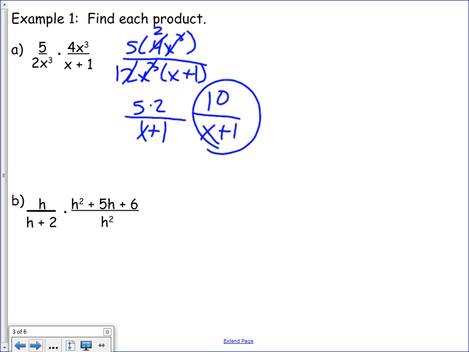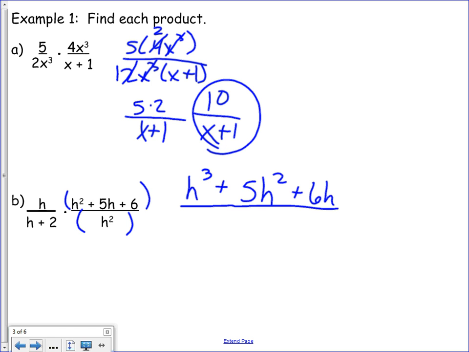Now here we have a little bit more to do. So we're going to multiply h by this and h plus 2 by h squared. So h times h squared is h to the third, 5h squared, and 6h at the top. And then we would have h to the third plus 2h squared.